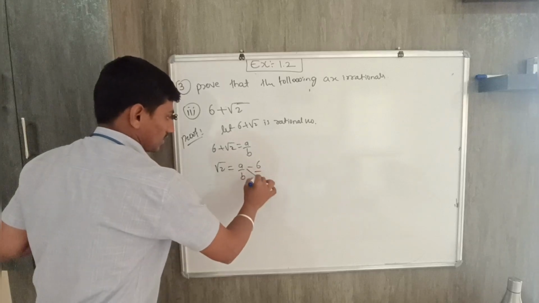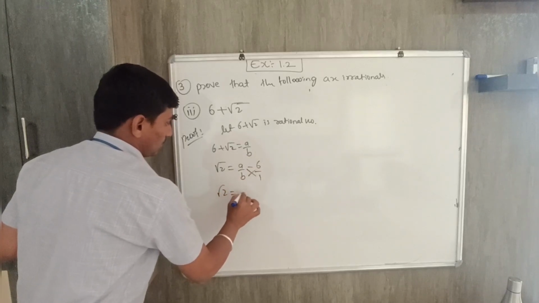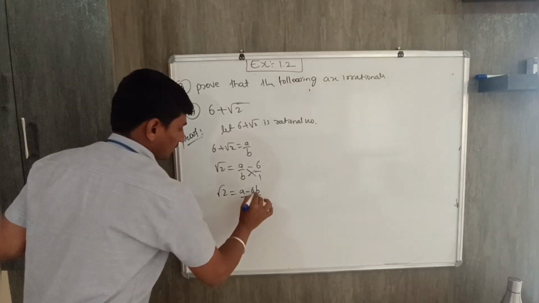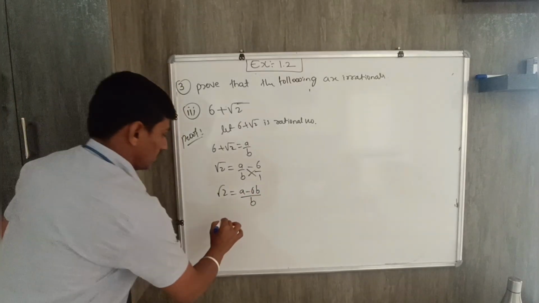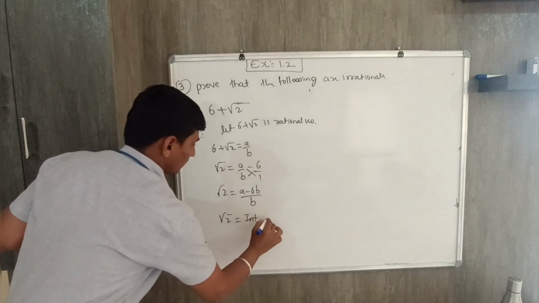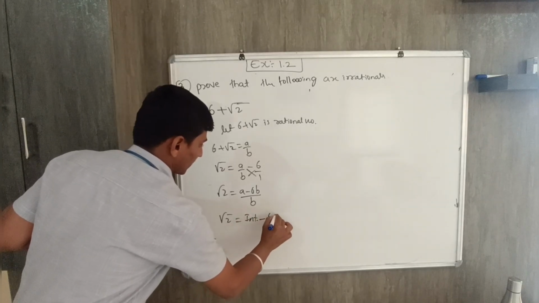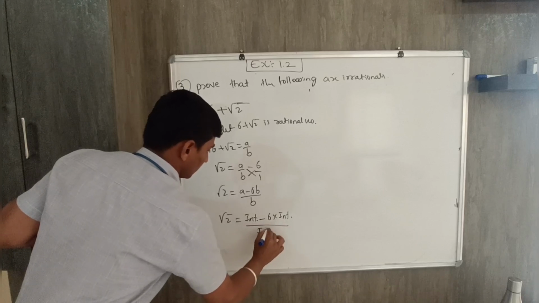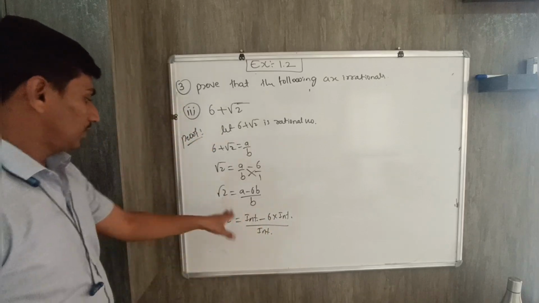So again do cross. So now root 2 equals (A minus 6B) by B. Okay. So next, root 2 equals integer minus 6 into integer, by integer. So again root 2 is what?